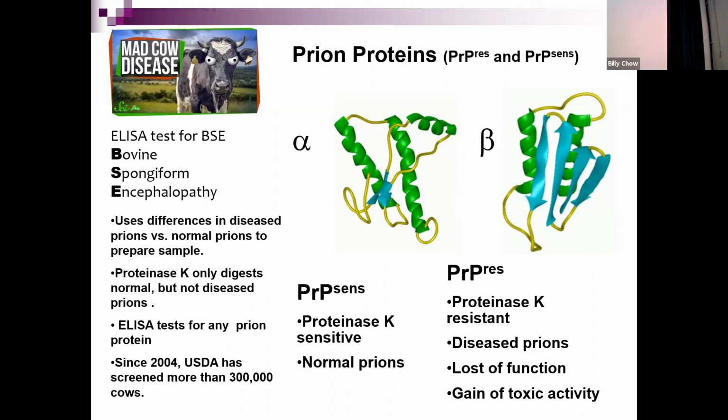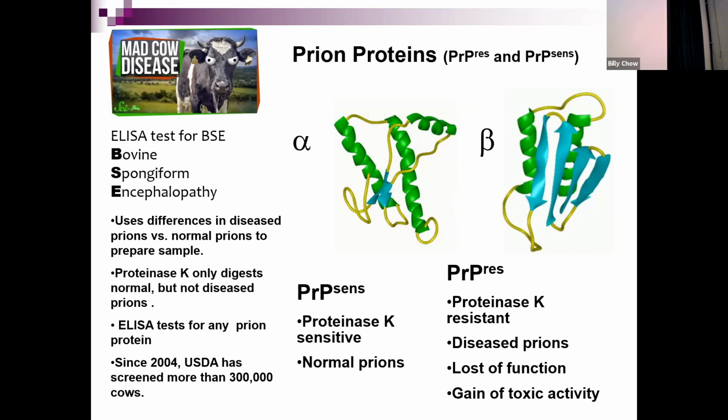So this is a normal prion protein with a molecular structure like this. You can see the alpha helical structure this way. But because of a point mutation of this protein, there's a complete change in conformation of the protein.